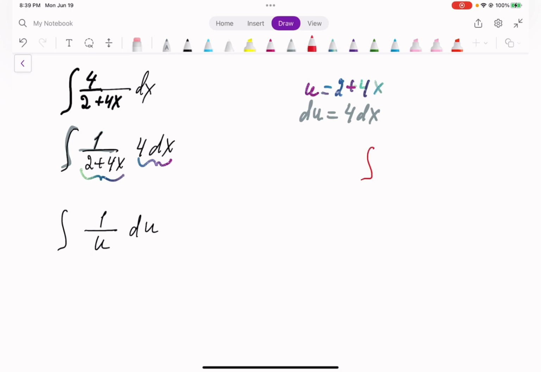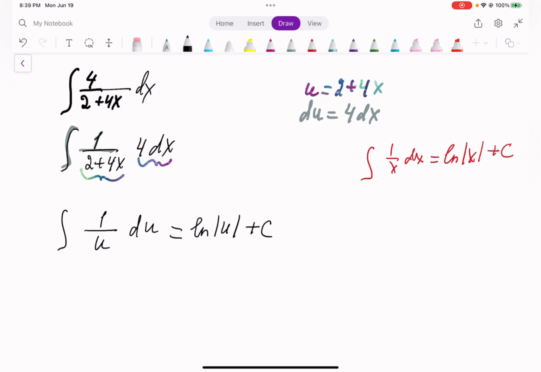Integral 1 over x dx is equal to natural log x plus c, which means from here we are going to get natural log absolute value of u plus c.